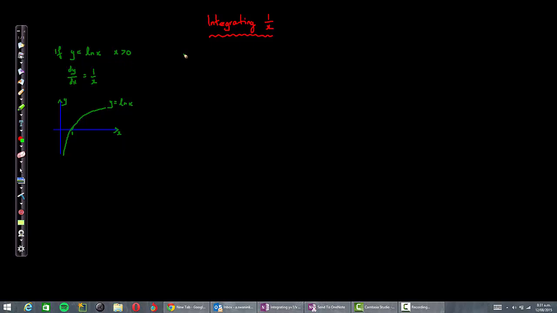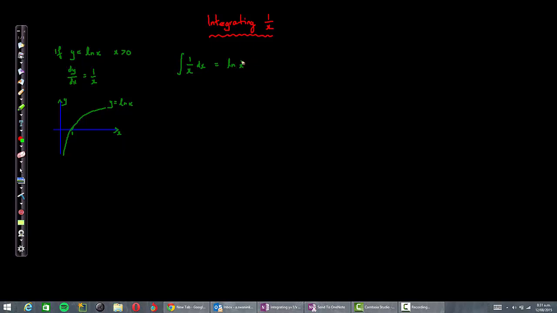Okay, so that's an important result, that this is only defined when x is greater than 0. But what we're trying to look at is the integral of 1 over x with respect to x, and here x doesn't have any limits, so it can be negative numbers. What we're going to do is use the pretty obvious idea that if this is our starting function and we derive, then integrating should take us back to the natural log function.